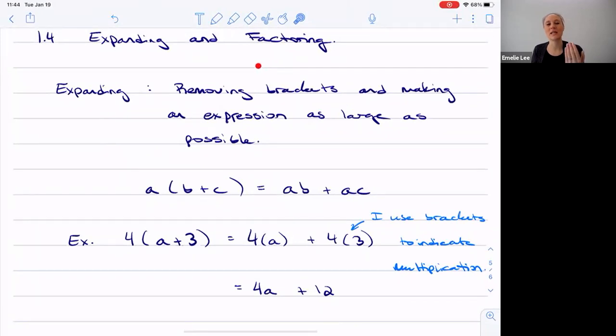So factoring is essentially expanding moving backwards.